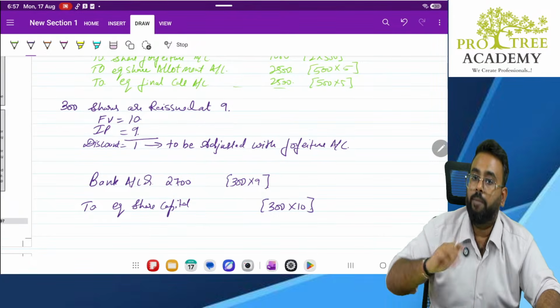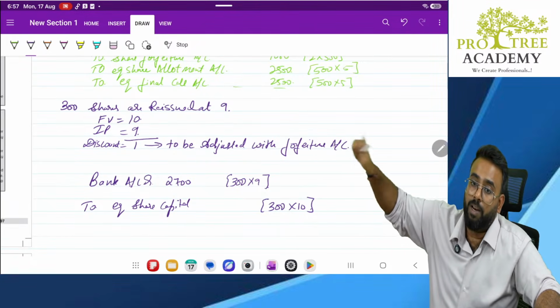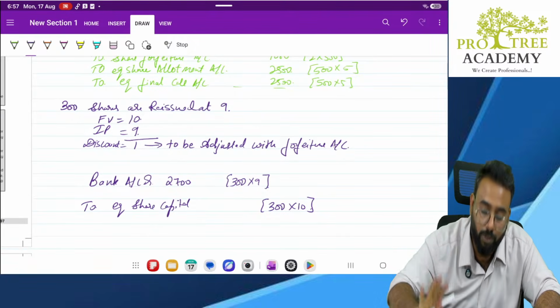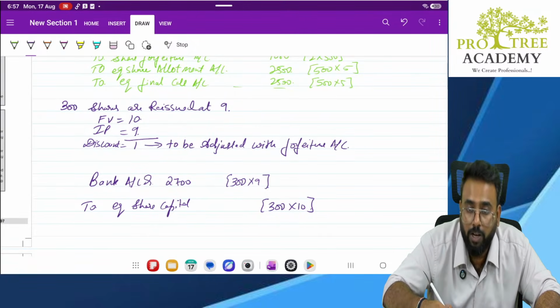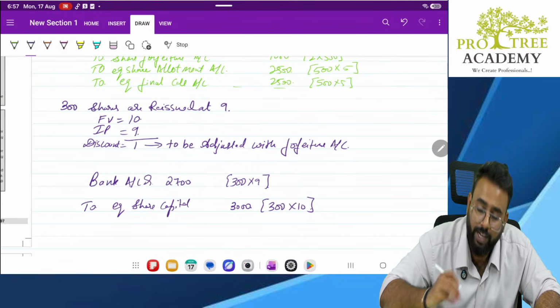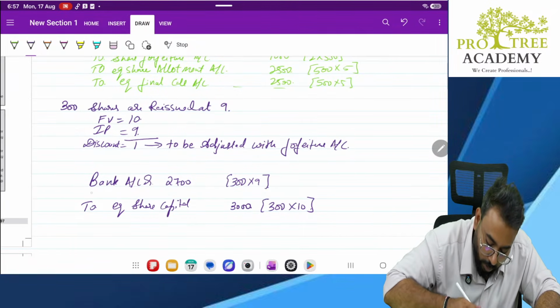I have told you already many times, only the nominal value should go to the equity share capital account, not your issue price. So what is my nominal value? 10 rupees. So 300 into 10 will be 3000. Sir, what happened to the remaining? The remaining is your discount.